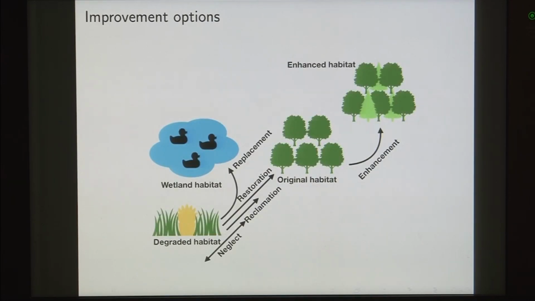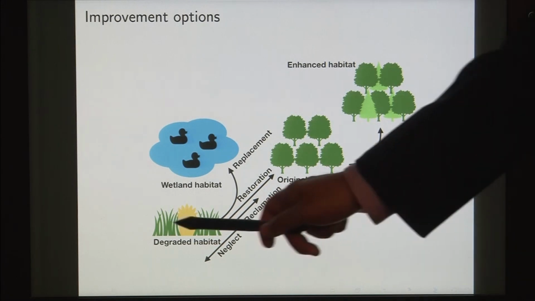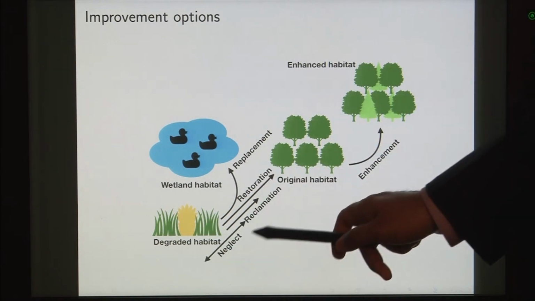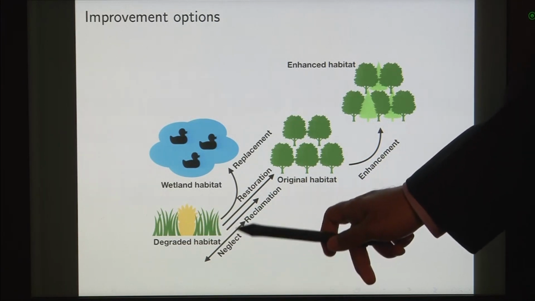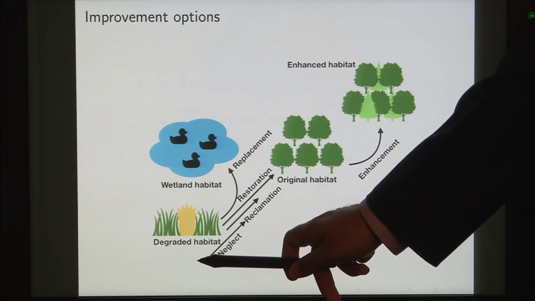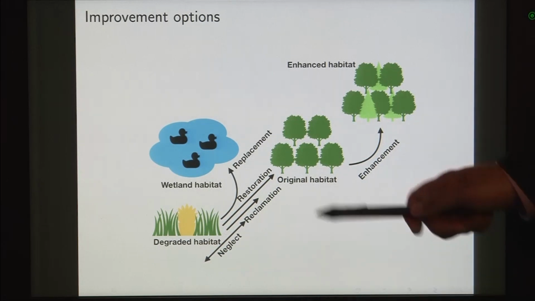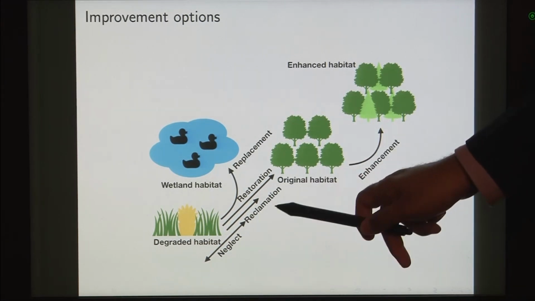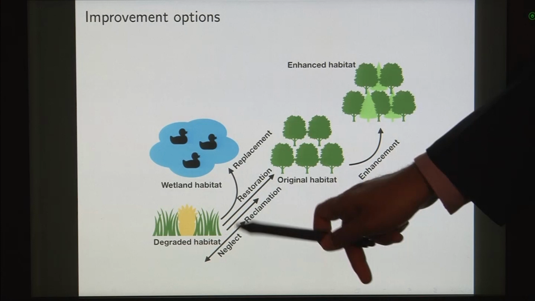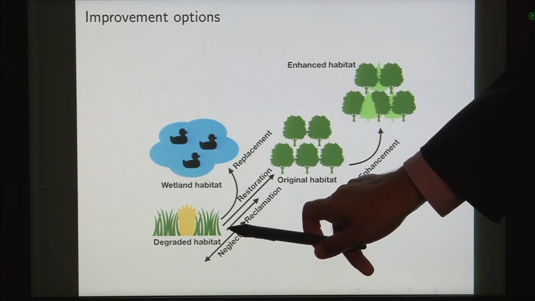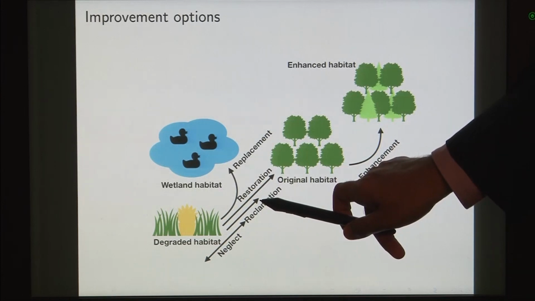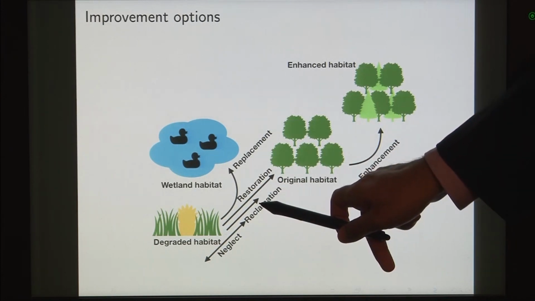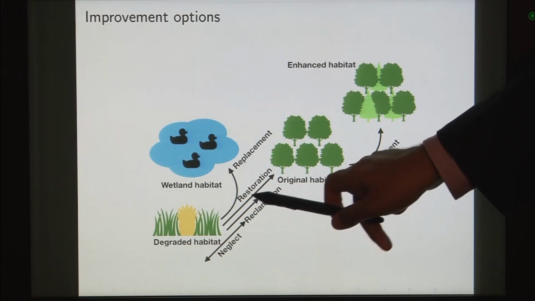So, this figure tells us what are the improvement options that are available with us. You have a degraded habitat, you can neglect it, you can do nothing to it. In that case it might restore to some extent, or it might become completely degraded, or you could go for reclamation. In the case of reclamation, you are trying to convert it towards the original habitat and you have reached somewhere in between. You have not reached the original habitat, you have reached somewhere in between, that is reclamation.